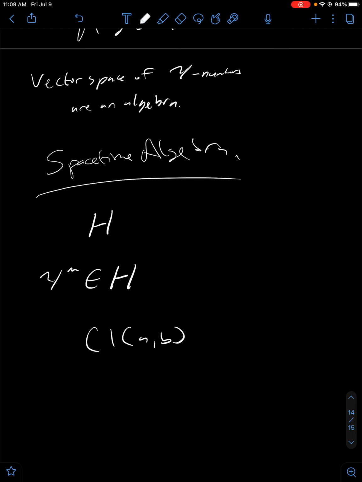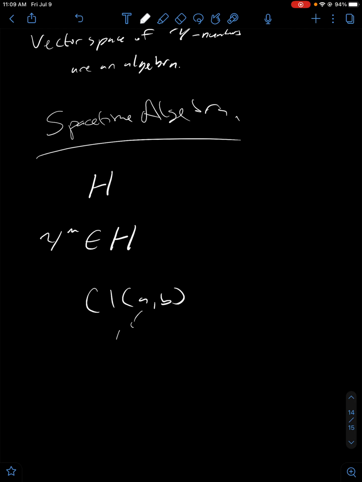This is a very oversimplified notion of the Clifford algebra, but just to put it briefly, that's what it is. A is the number of elements that square to 1, and B is the number of elements that square to -1.